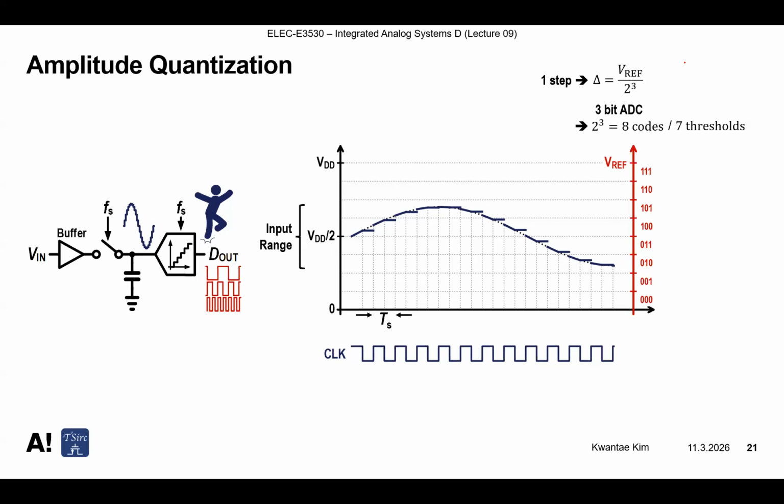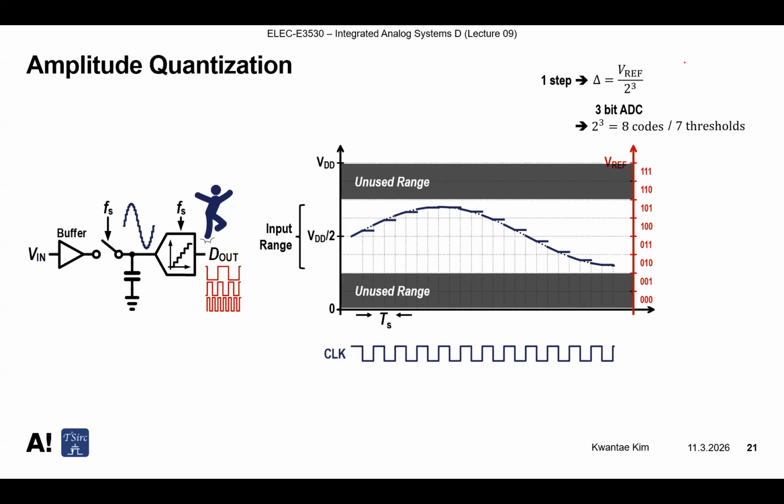So let's say we have a more practical situation. The input range of the ADC, in this case, is equal to the output range of the buffer here. And these ranges are unused ranges in this case. So the input signal only goes up to just 75% of VDD and down to only as low as 25% of VDD.